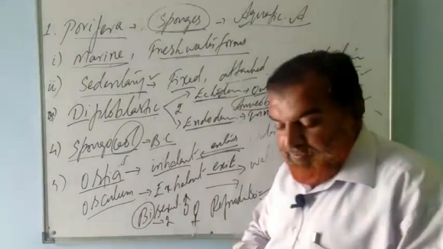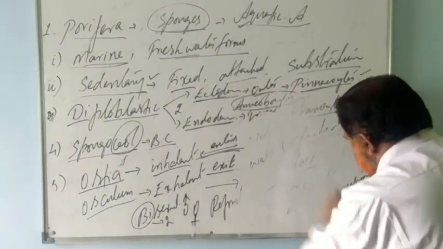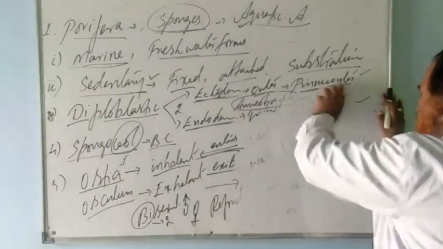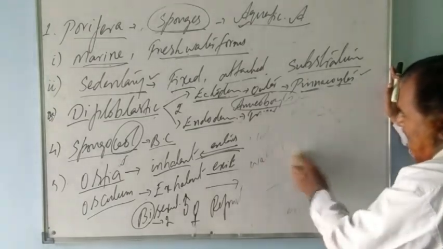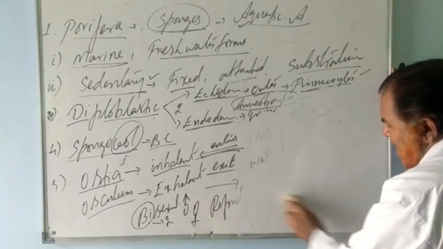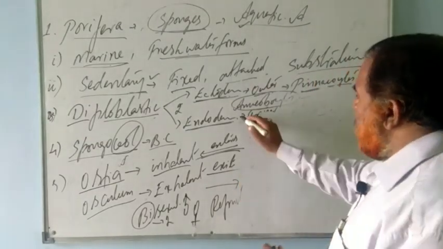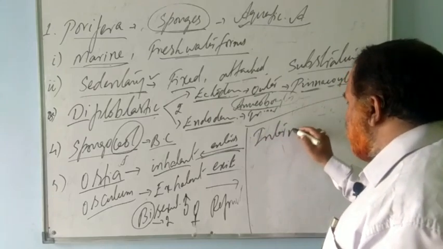Then fertilization. What is fertilization? The process of fusion of male and female gametes to form the zygote is known as fertilization. These gametes are haploid, whereas the zygote is diploid. Here, fertilization takes place inside the animal body, hence it is known as internal fertilization.